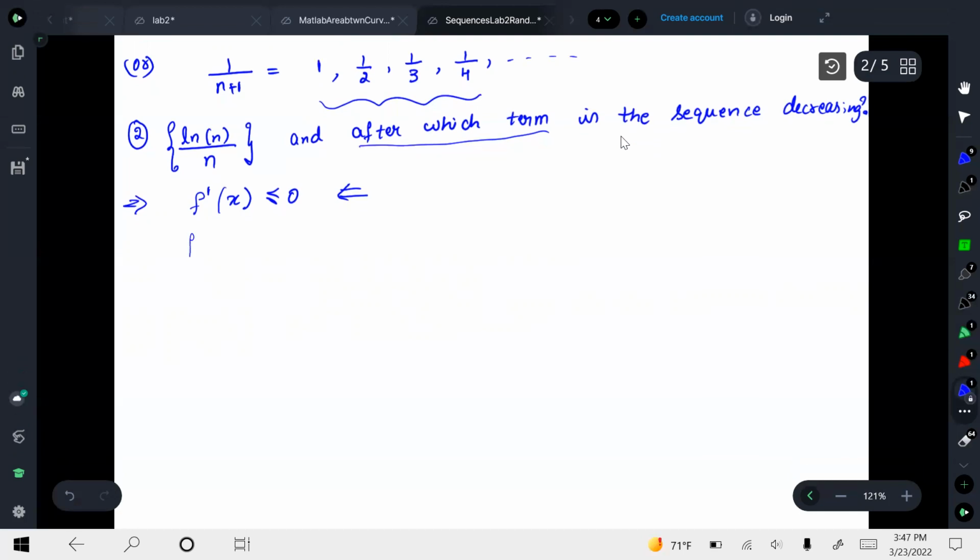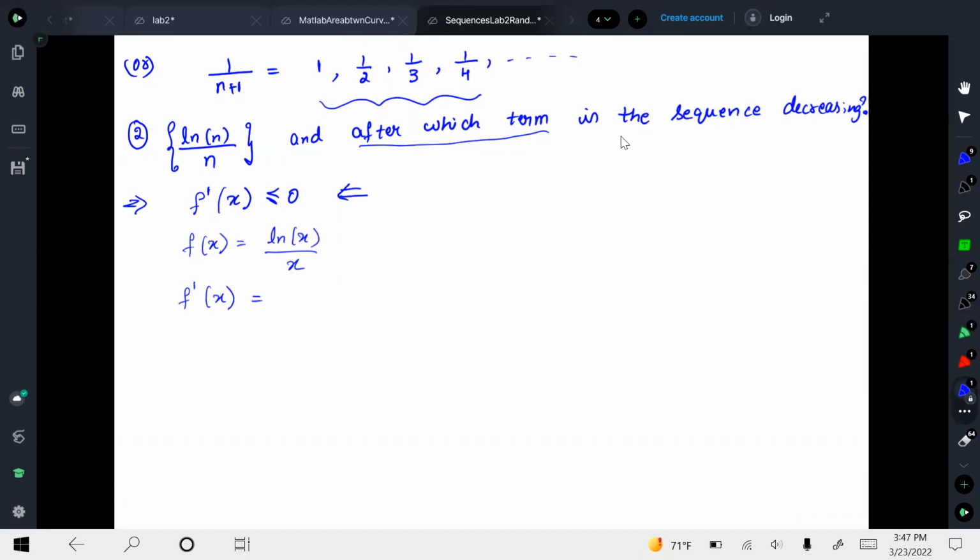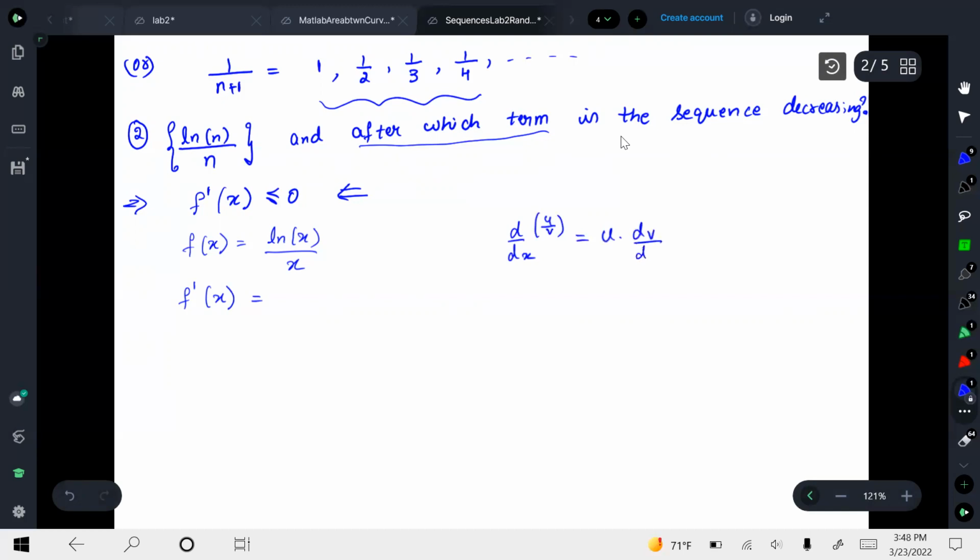Now, we have f of x equal to ln of x divided by x, right? What is the derivative of the given function? Hint: you need to apply the quotient rule, that is d by dx of u by v equals v into du by dx minus u into dv by dx, divided by v squared.